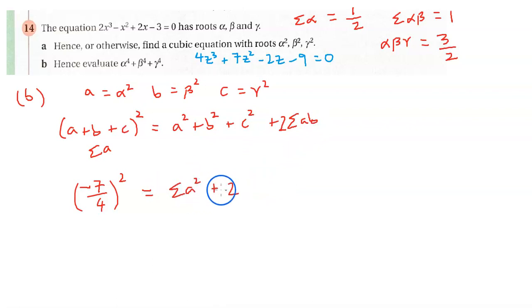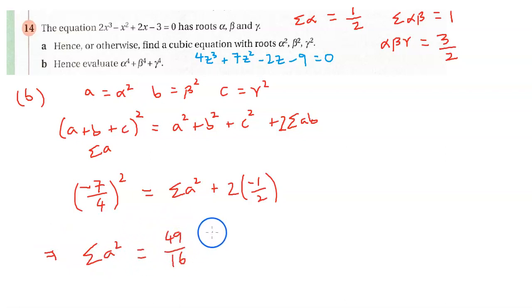Okay, so the sum of A squared plus 2 times negative 2 divided by 4, which is negative a half. Okay, so that means that the sum of A squared is equal to 49 over 16 plus 1. So that is 65 over 16.